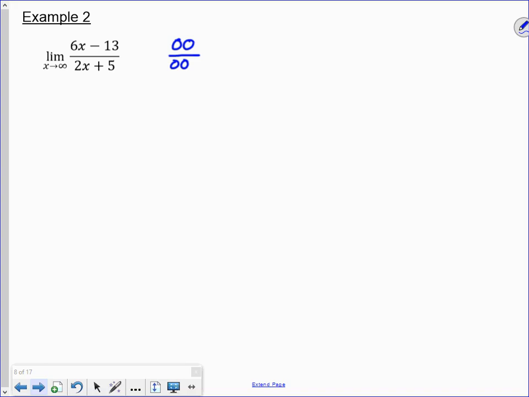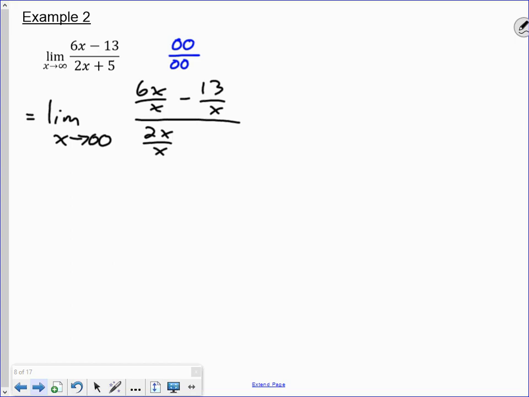So we could do it like we did earlier in class and divide everything by the highest power of x. That would give us the limit as x goes to infinity of, our highest power of x here is just x, so 6x over x minus 13 over x, 2x over x plus 5 over x.